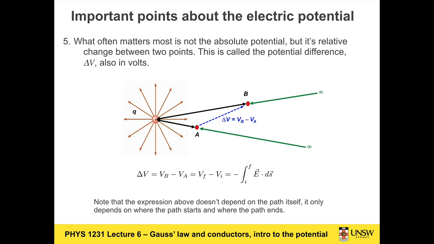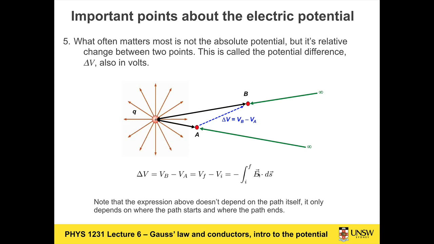And so there are some important points about the electric potential, and one of the main ones is that what often matters most is not really the absolute potential, but the potential difference, delta V, which is basically the work done to go, for example, from A to B, and of course it can be expressed as an integral.